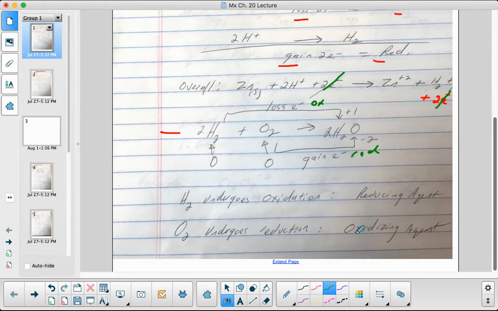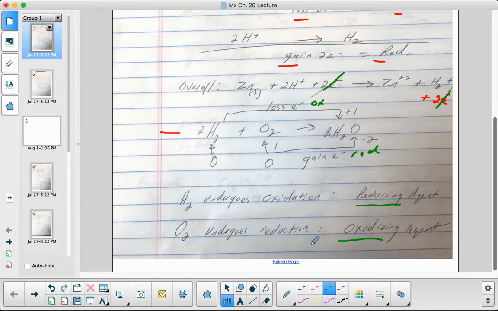Okay, in this example, I'm going to talk a little bit about naming each species. If hydrogen undergoes oxidation, it is called the reducing agent. And as oxygen undergoes reduction, it's called the oxidizing agent.